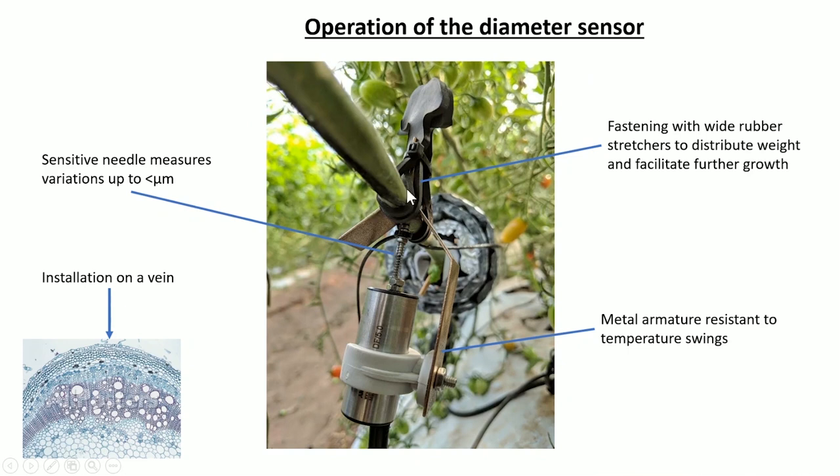If you know the tomato plant, it's not completely round, so we try to put it on a thicker area. Like that, we have more variations. Every plant has its own installation place, but it's rather easy, to be honest. Sometimes it can be bad data, but then you just need to replace it and then it will probably be good.